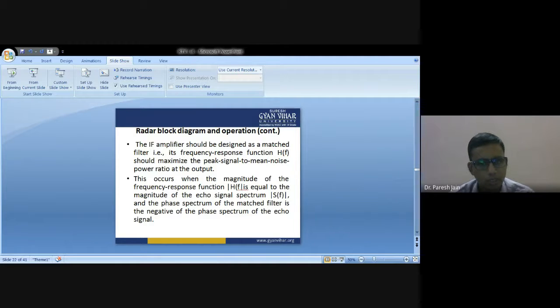This occurs when the magnitude of the frequency response function H(f) is equal to the magnitude of the echo signal spectrum, and the phase spectrum of the matched filter is the negative of the phase spectrum of the echo signal.